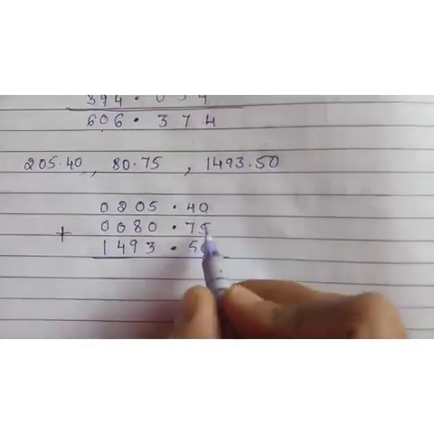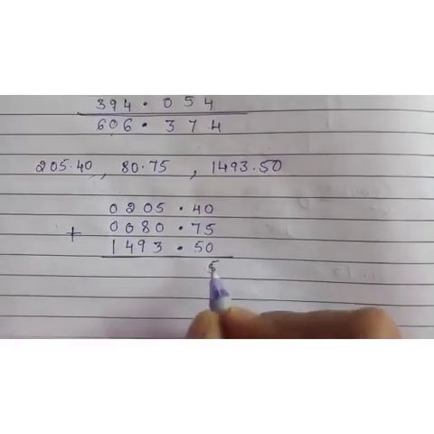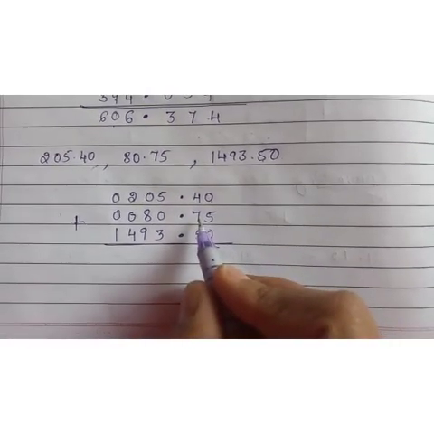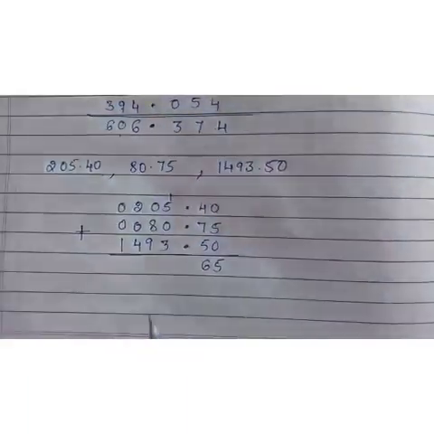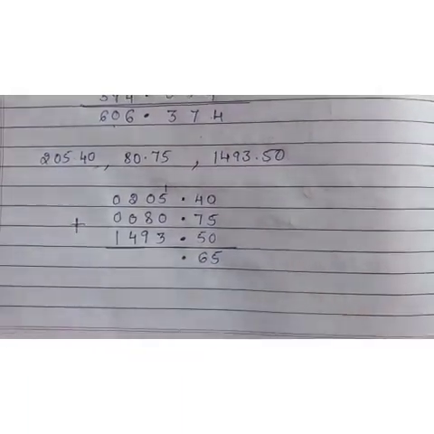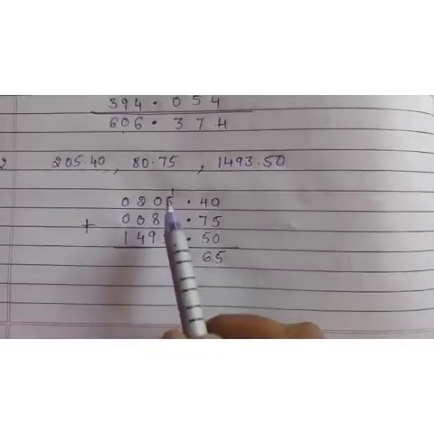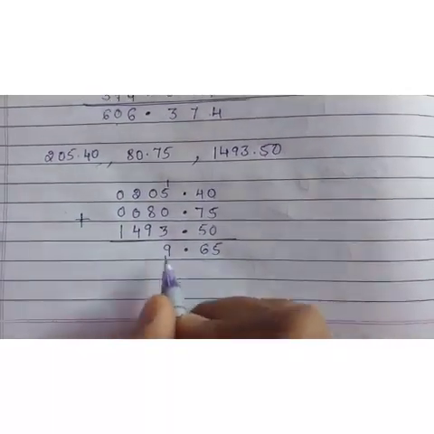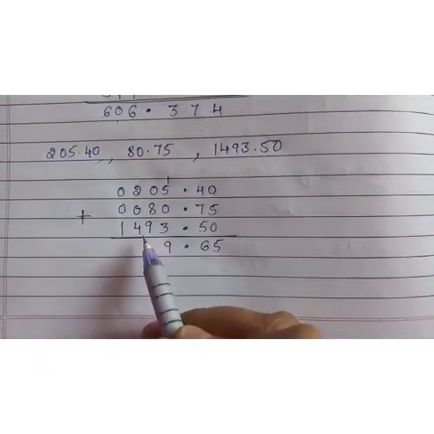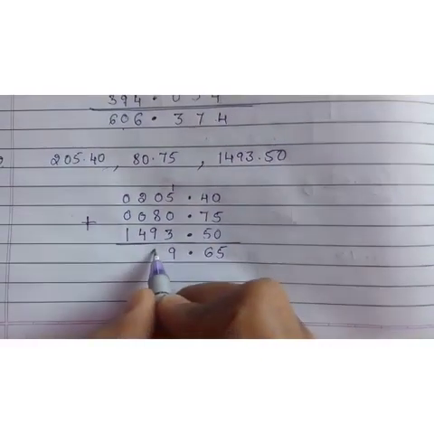Now add. 0 plus 5 plus 0 we have 5. 4 plus 7 we have 11. 11 plus 5 is 16. Give 1 carry here. Next decimal as it is. Next 1 plus 5 is 6. 6 plus 3 is 9. Next 8 plus 9 we have 17.